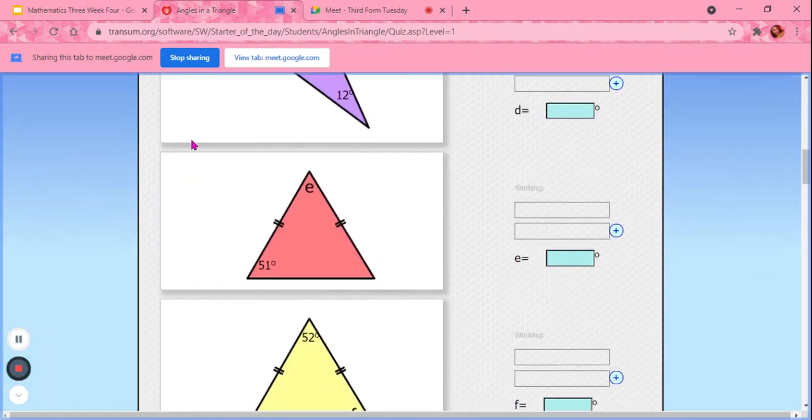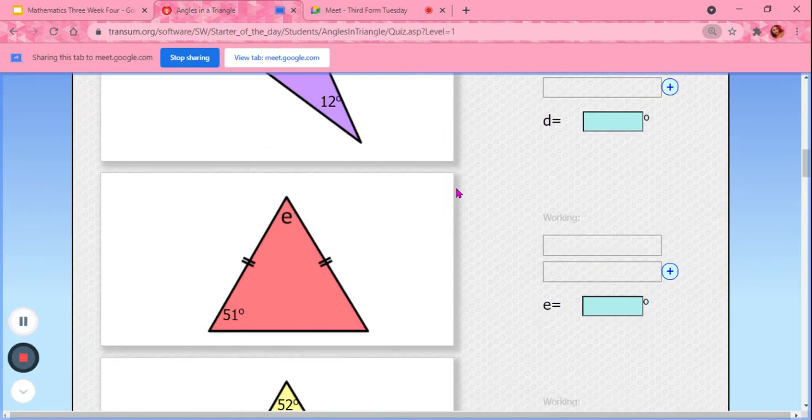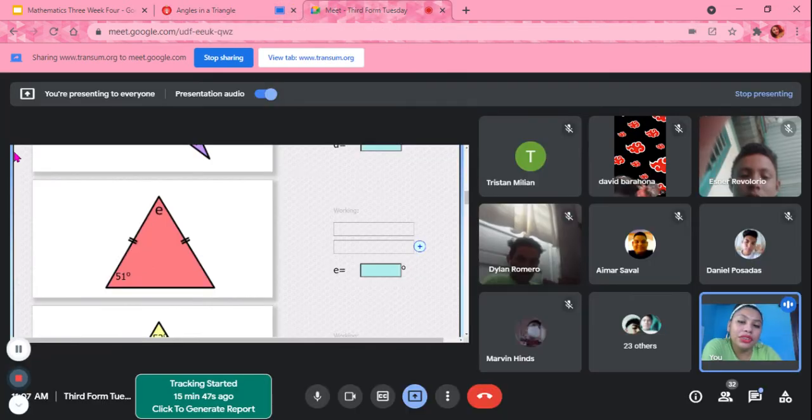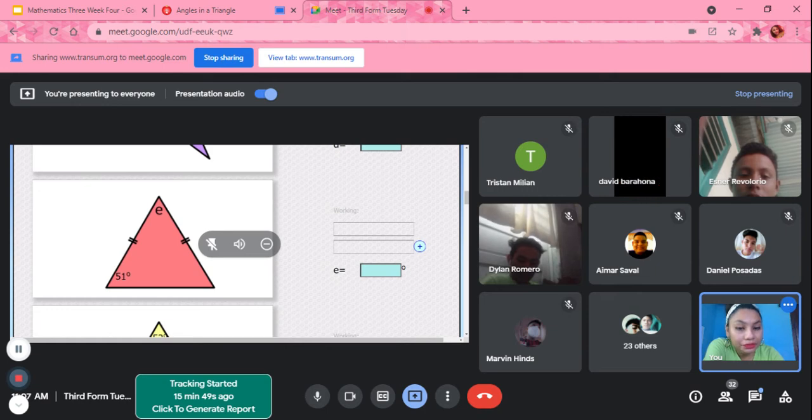Let's look at one like this one right here. I have one angle being 51, and I have to find E. It is important to note that this triangle has two bars on two lines. What do those bars on those lines represent?